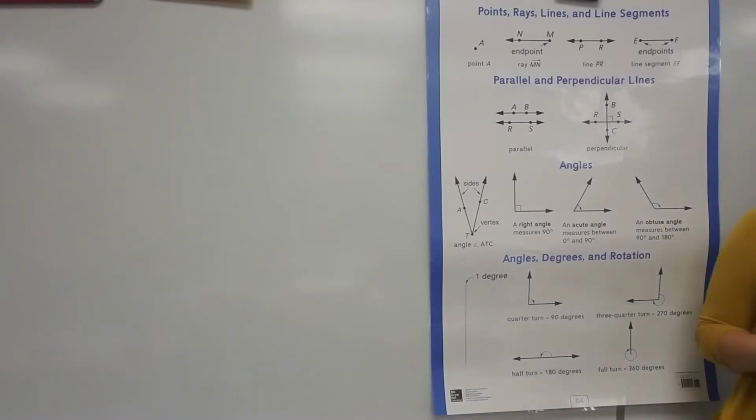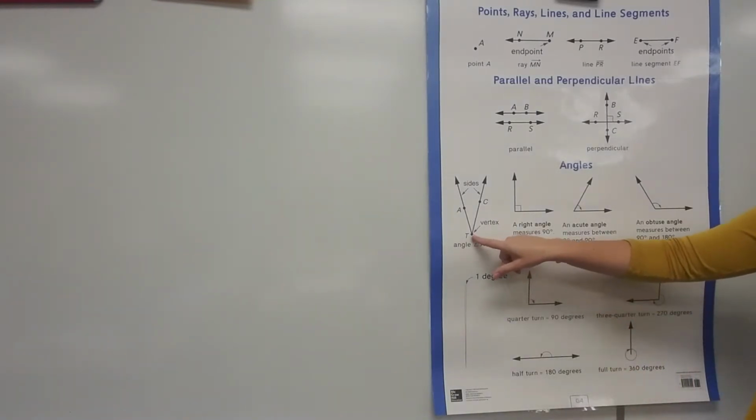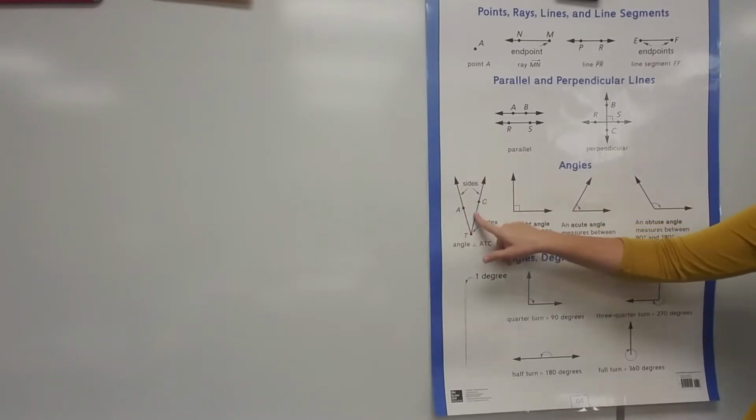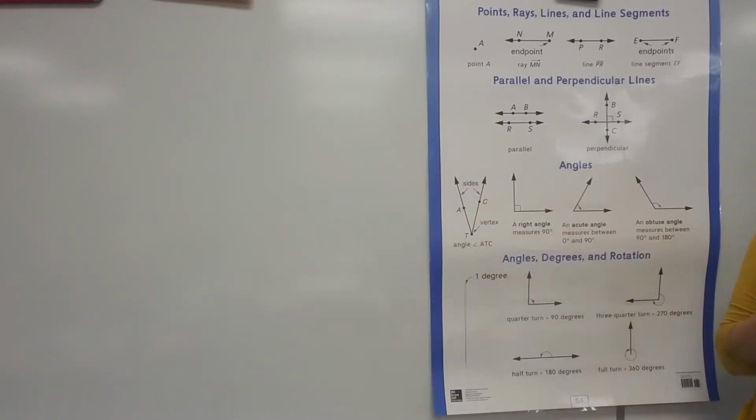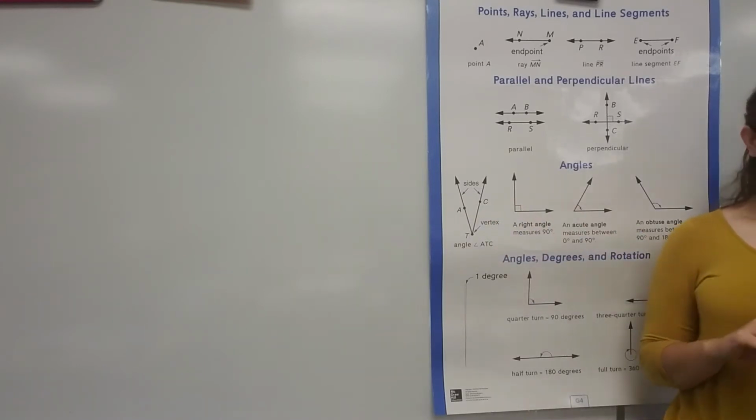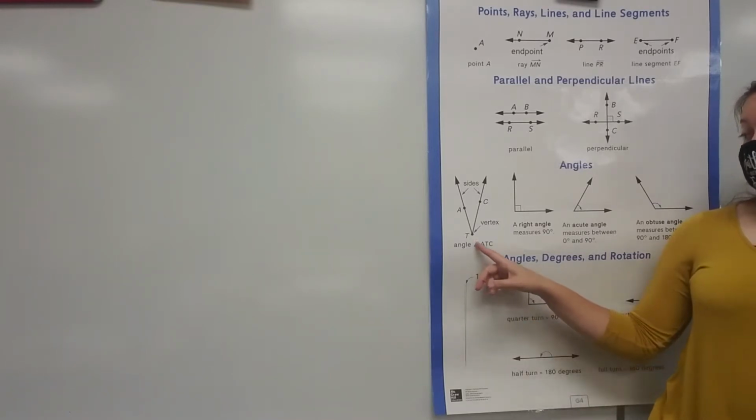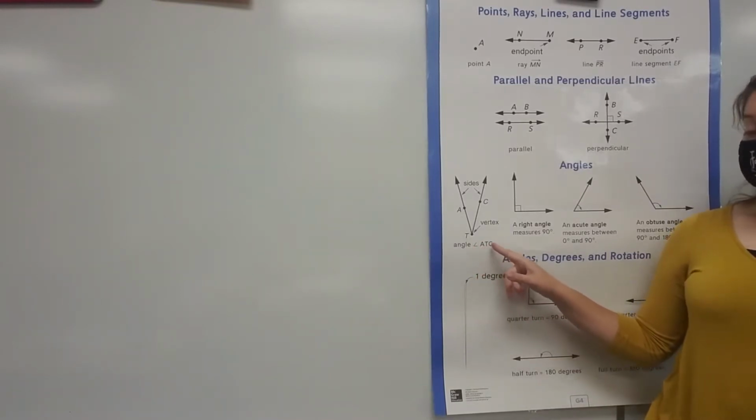This little dot where the two lines meet is called a vertex. Everyone say vertex. The vertex is the point where the two sides meet. So if I was to name this angle, I would draw a little mini angle and put ATC.